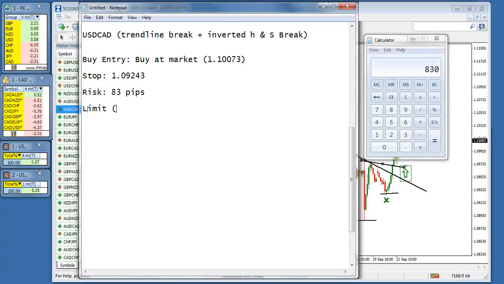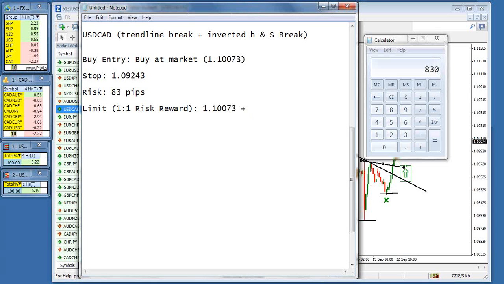So your limit would be 1-to-1 risk reward. When you're risking like 70-something pips or 80-something pips, there's nothing wrong with 1-to-1 risk reward. I never know why people have a problem with 1-to-1 risk reward. It's 100% return on your investment. People tend to get a little bit greedier than that, but in this case, you just got to be smart.